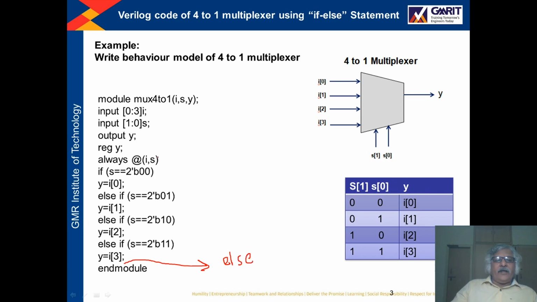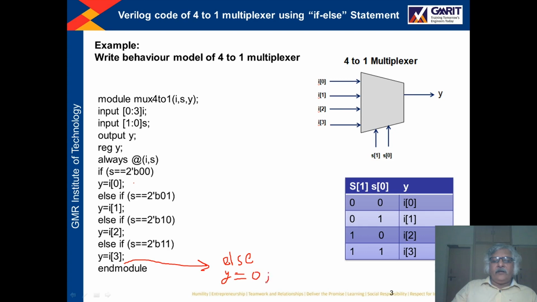Means apart, see, S is 0, 0, S is 0, 1, S is 1, 0 and S is 1, 1. For these conditions, some statements are there for the execution. Apart from this, if S1 and S0 is having some other value, then suppose I want Y is equal to 0.